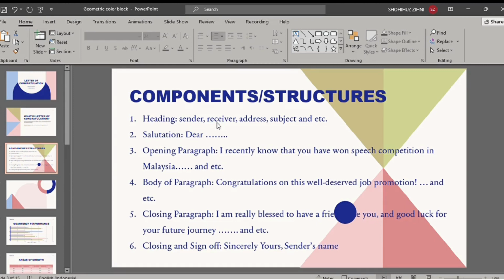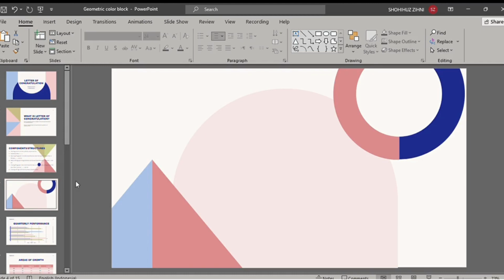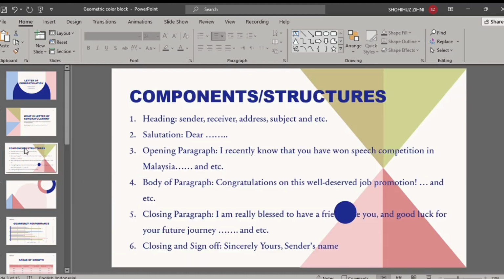For example, I'm really blessed to have a friend like you, and good luck for your future journey. And the sixth is the last component, which is the closing and sign off. The closing can be expressed through sincerely yours and many others, and for the sign off you write your name as the sender. And now I'm going to show you how to make a letter of congratulations.